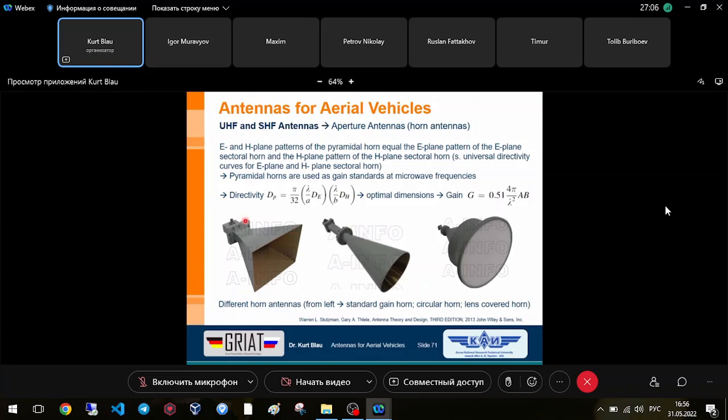Pyramidal horn, the same horn as a, let's say, cone. And here it's shortened, very shortened, but then you have to insert in the front of this horn antenna a so-called lens. It's, let's say, at least dielectric material.